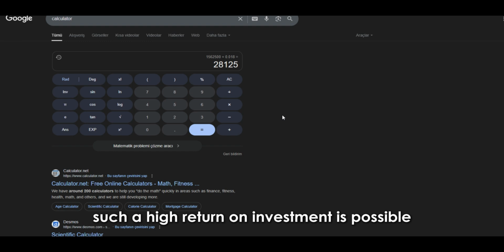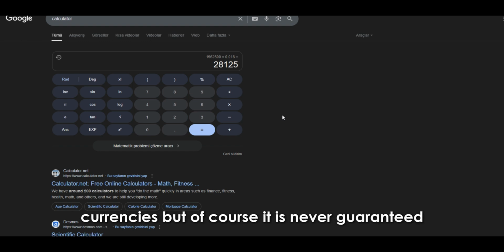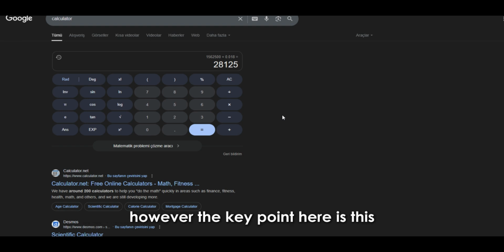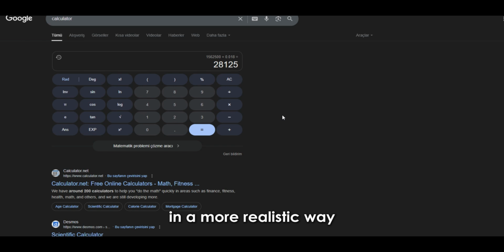Such a high return on investment is possible, especially in the world of cryptocurrencies, but of course it is never guaranteed. However, the key point here is this: if we evaluate the available data, the target price, and the current price correctly, we can analyze the probability of achieving this goal in a more realistic way.